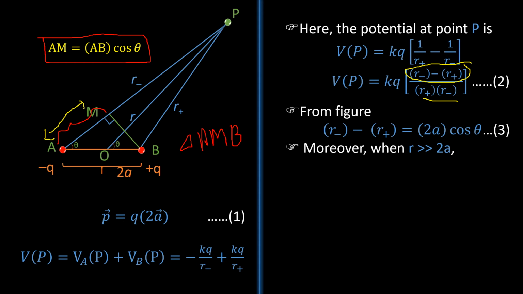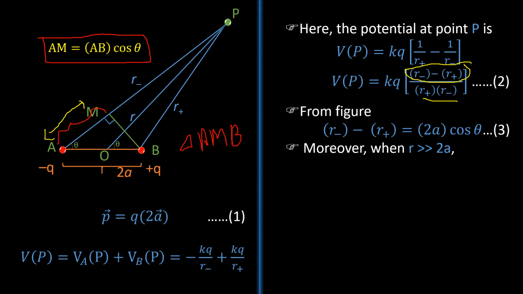But most of the time, these dipoles are created by molecules like HCl or H2O, and hence the dipoles are very tiny. So mostly the point where we are finding potential is at very large distance compared to the dimensions of the dipole. So R very much greater than 2A is a very realistic condition.